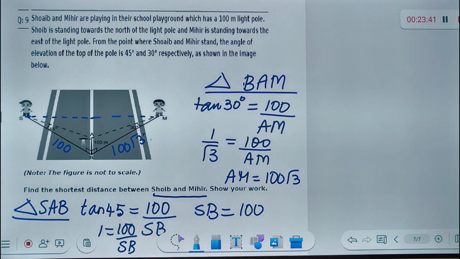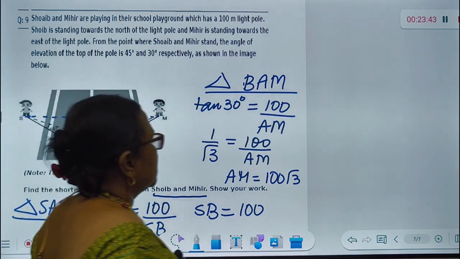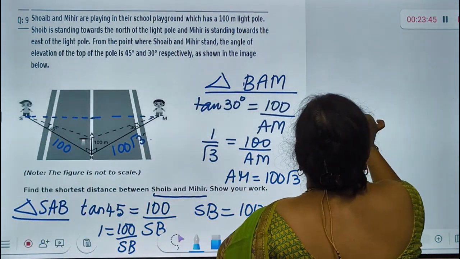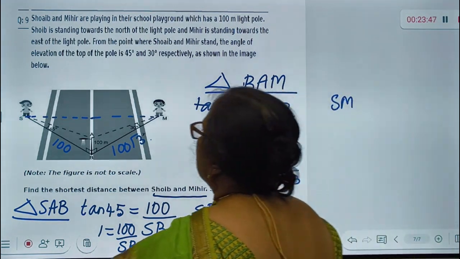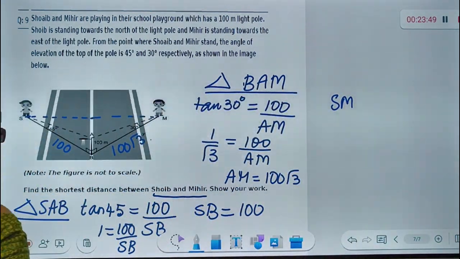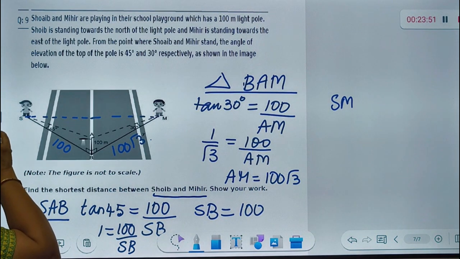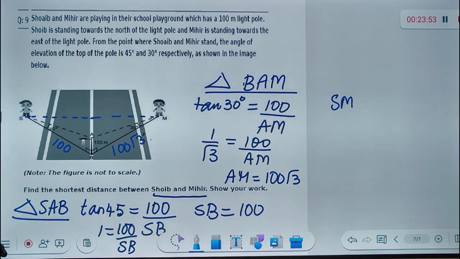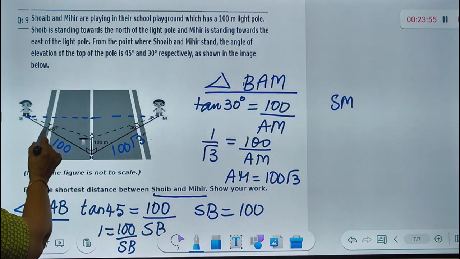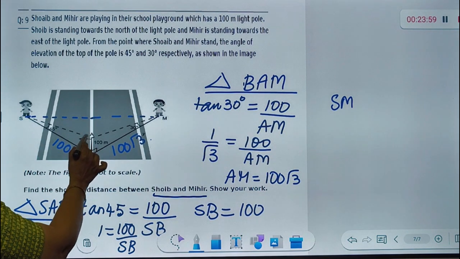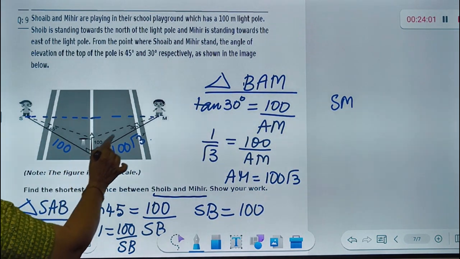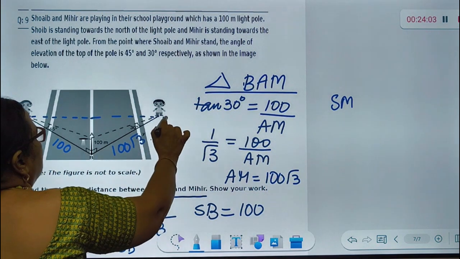Okay, now what is SM square? SM, we want to find the length, the distance between these two. First of all, we have used 45 degrees, tan 45, to find the distance SB. We have used tan 30 to find the distance BM.